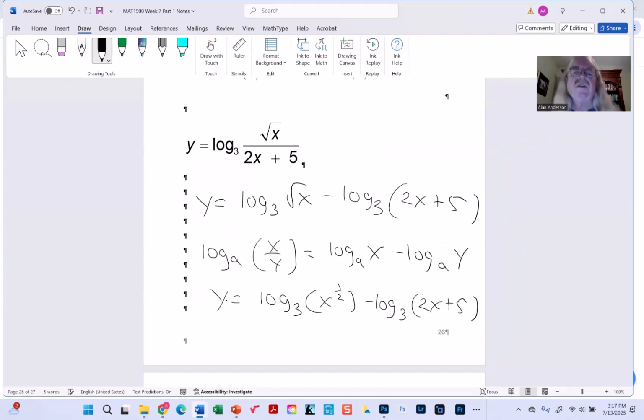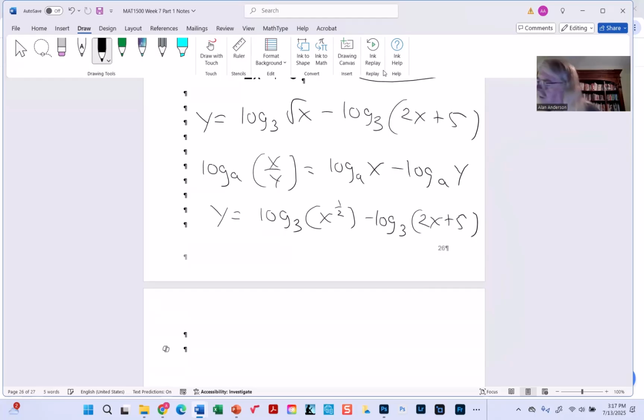The reason is that the log of x to the n power is simply n log x. So I'm going to rewrite this as 1/2 log base 3 of x minus log base 3 of 2x plus 5.